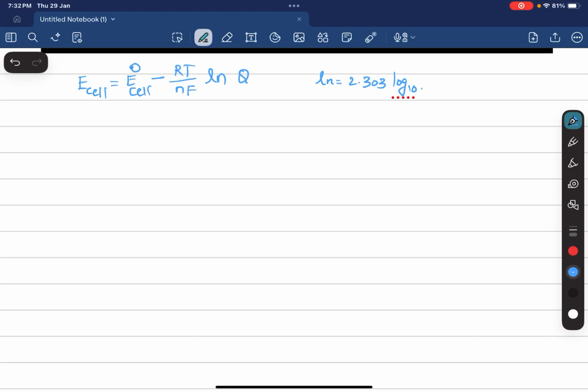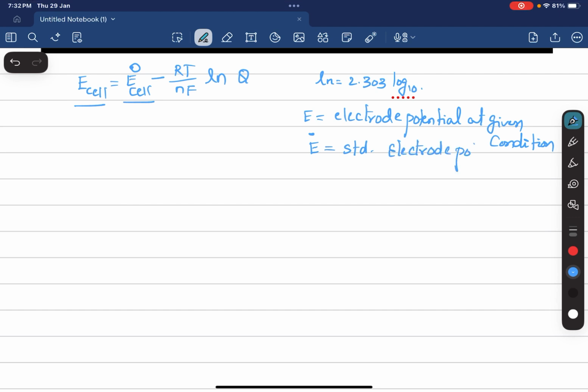So this E naught means standard condition, E cell means non-standard conditions. Here E equals the electrode potential at given conditions, generally non-standard condition. E naught is the standard electrode potential, that means electrode potential at standard conditions.